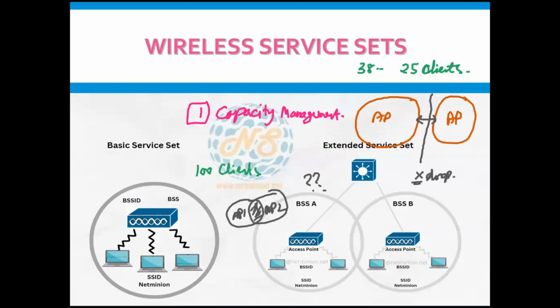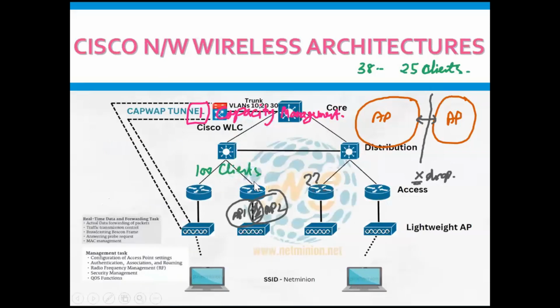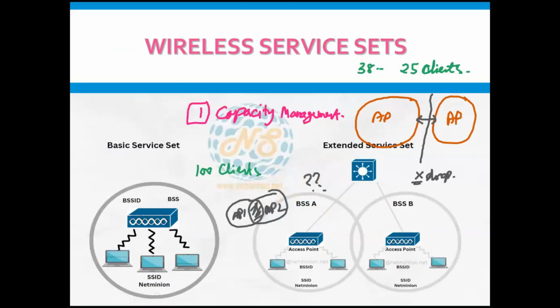Why? Because that is UDP based, and if your traffic fails, it will be failed. It won't be sent again. Are you with me? That is the reason that when you are designing, your capacity management should be properly analyzed. So that is one point, capacity management.